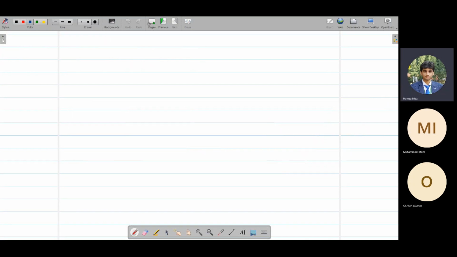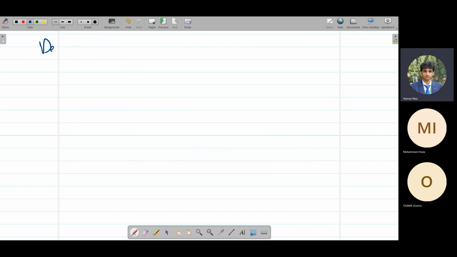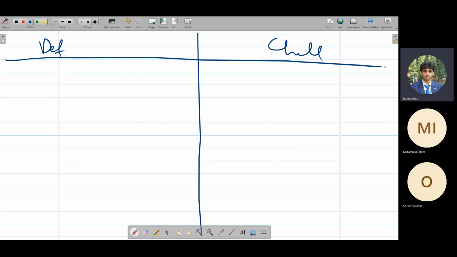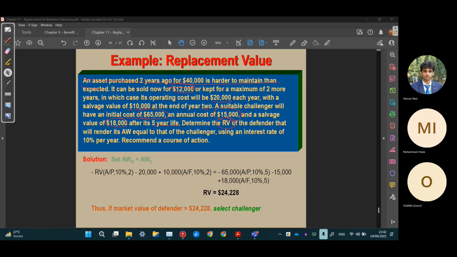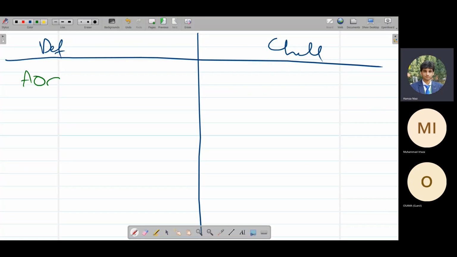So actually if I write this, let me make a comparison. This is the defender, this is the challenger. For the defender, the annual operating cost AOC is equal to 20,000, and the market or salvage value is 10,000 after year 2.